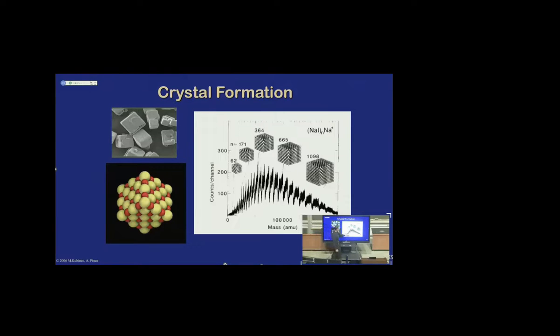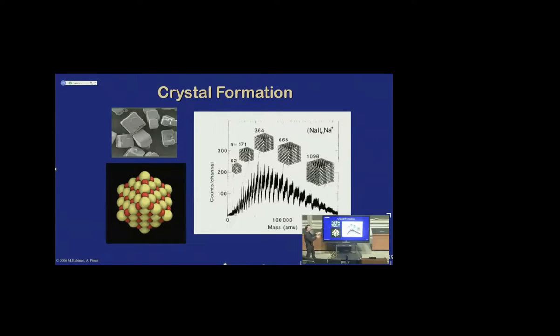And here's just an interesting result. Because they arrange in the square arrays, some square arrays are more favorable than others. So if you look at all your possible little cube sizes, some of the cubes are more favored than the other cubes. And this is just saying of all the masses, you get lots of these kind of cubes and these kind of cubes. So they are good size cubes.